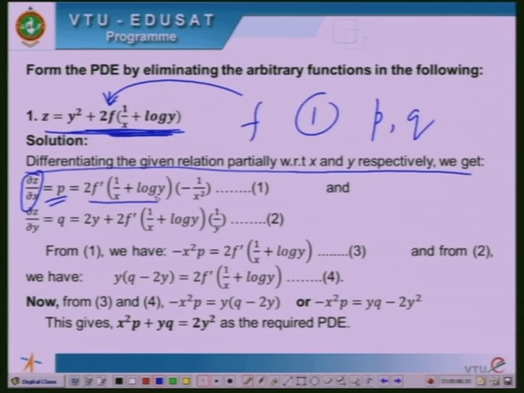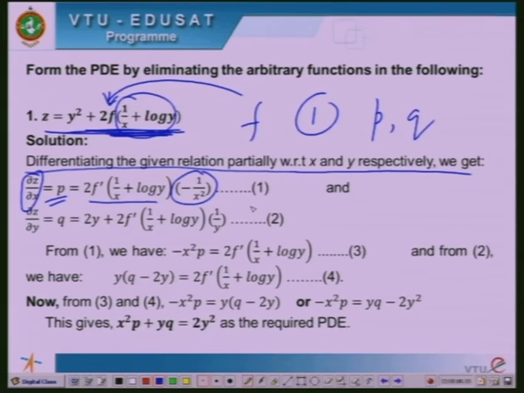So, f of 1 by x plus log y reduces to f dash of 1 by x plus log y, and then the derivative of 1 by x plus log y with respect to x, where you have only 1 by x as the variable, and the derivative of 1 by x is minus 1 by x square. So, finally, the value of p becomes 2 into f dash 1 by x plus log y into minus 1 by x square. Let us call that equation 1.